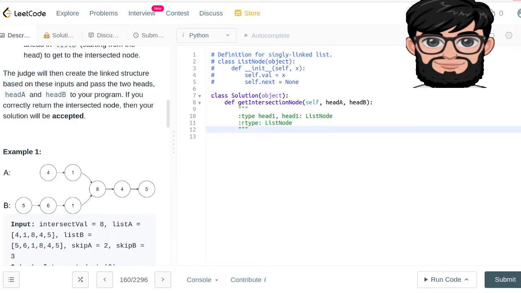So let's put it in the code, and then it's going to be more understandable.